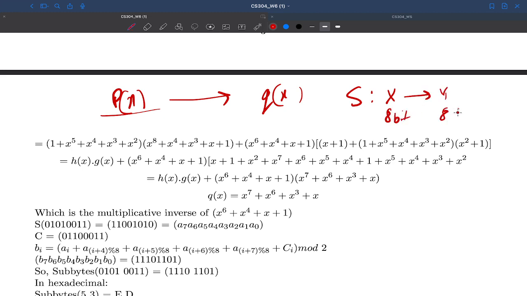Y is 8-bit. Now what are the total possible 8-bit strings? That is 2^8, which is nothing but 256. So total possible inputs are 256 only. That is not a huge number. We have a total of 256 inputs. So what I can do is find in advance the output corresponding to every 8-bit string.